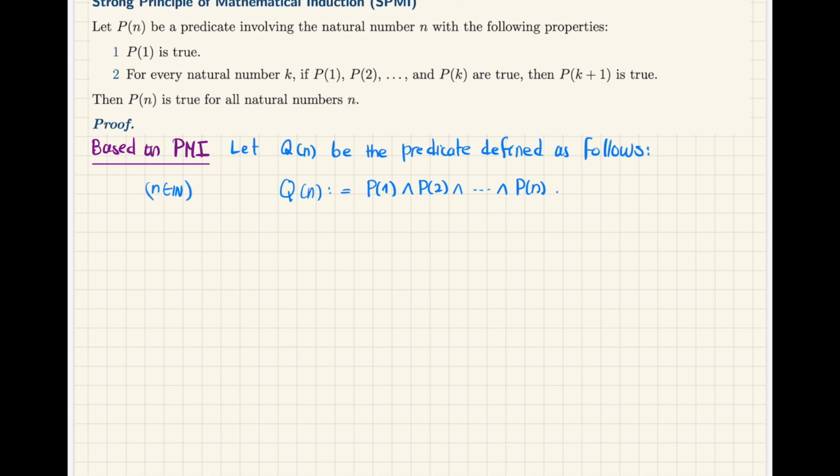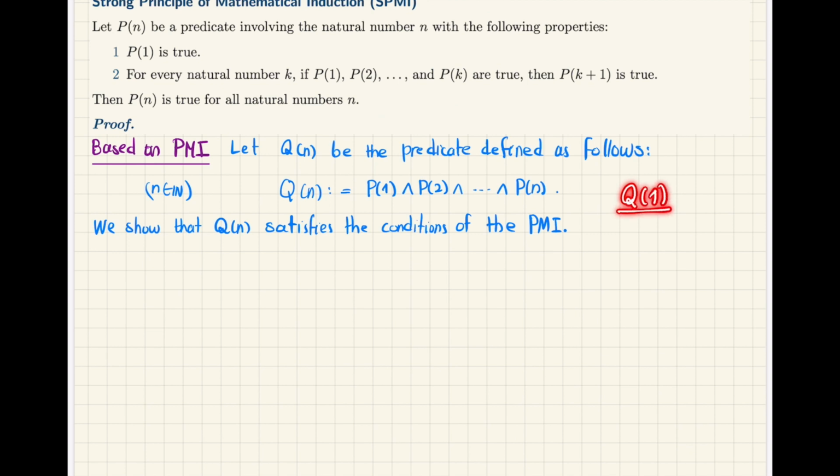Now we show that Q of n satisfies the conditions of the PMI. What do I mean by this? I want to show that Q of 1 is true.